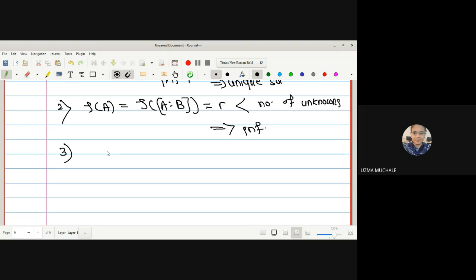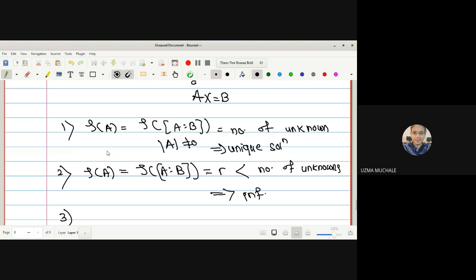And if Ax is equal to 0, we get the 0 solution instead of getting the unique solution. Correct? Okay, in this case, now the third case will be when B is 0. What will be the case if B is 0?